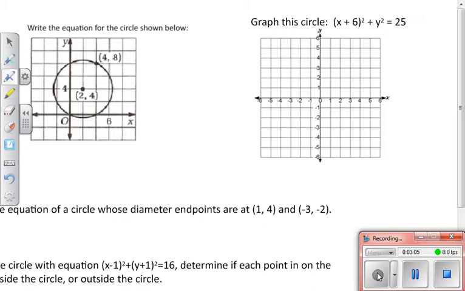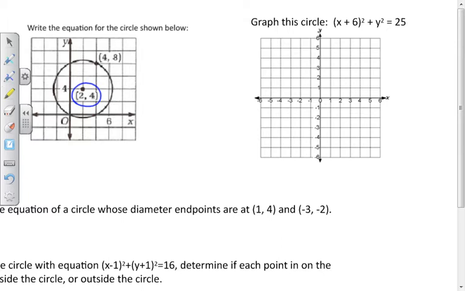Another way that we can write the equation of a circle is given a graph. And so in this graph, we have our center, easy enough to see, but our radius is not given to us. And so the first thing we need to do is we need to use the distance formula to find that radius value.